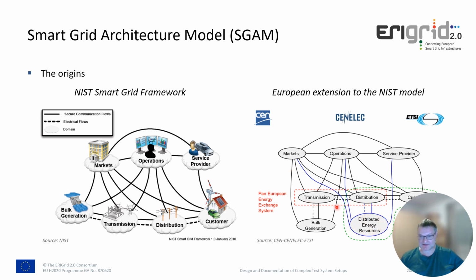The transmission and the distribution form mainly the pan-European energy exchange system. If we look at the distributed energy resources, the consumer side and the parts of the distribution side, then we have typically the area of microgrids, which are also reflected here in the European model.